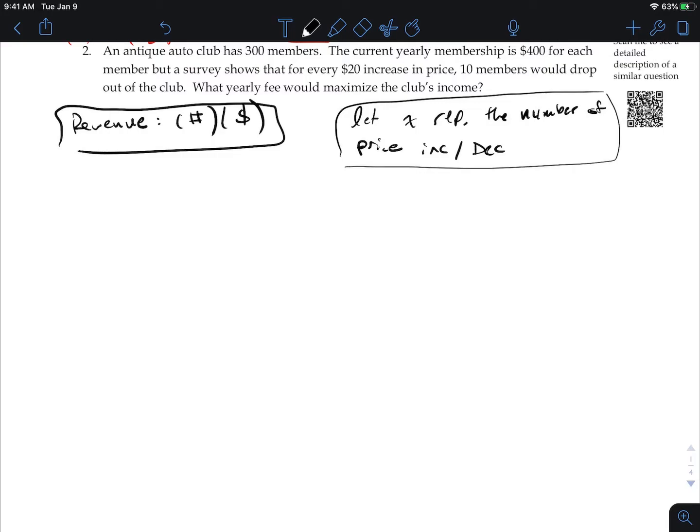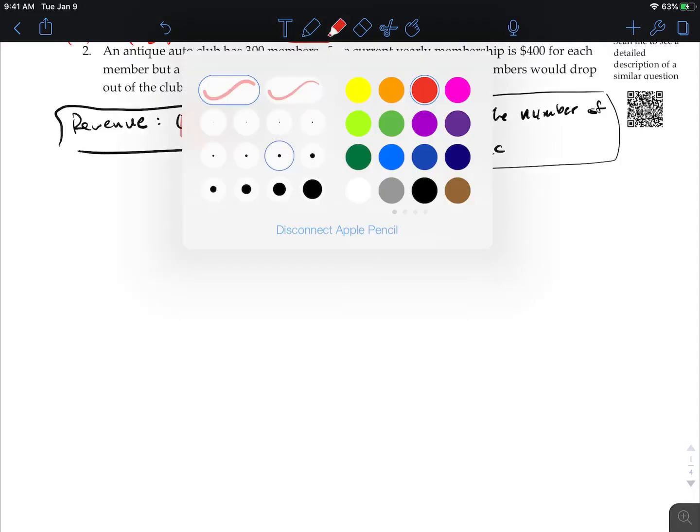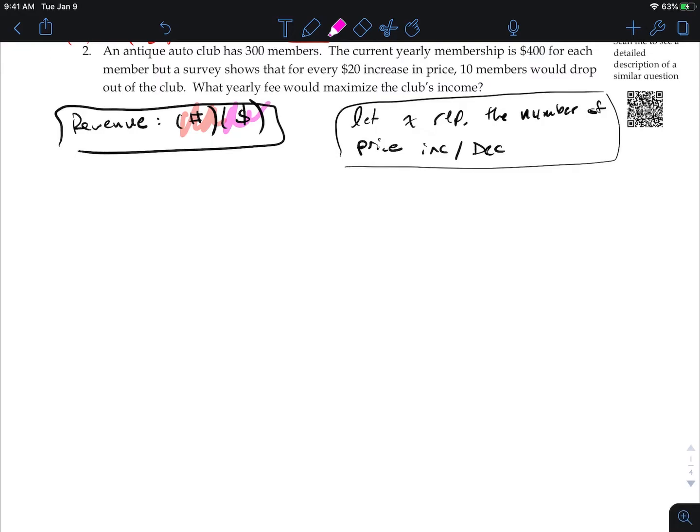So let's write two statements that represent two pieces here. I'm going to write a statement about the number of something, and I'm going to write a statement about the dollars, because in this question they tell us information about both. So for the number, it tells me that there are 300 in total. Doesn't matter, 300 dinosaurs, 300 golf balls, 300, doesn't matter.